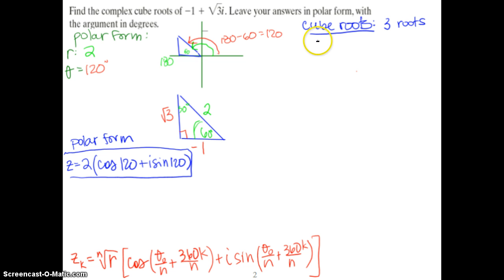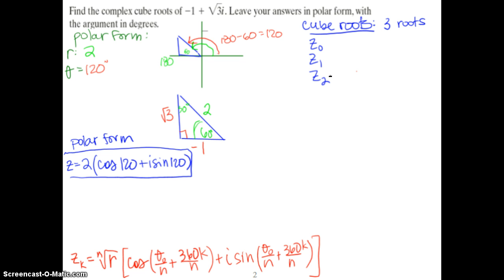We're going to call those 3 roots z sub 0, z sub 1, and z sub 2. So when you're finding roots, you always start with z sub 0, and then you count out the number of roots that corresponds to that particular problem. Since there are 3 roots, and we start with z sub 0, our final cube root is z sub 2, not z sub 3.